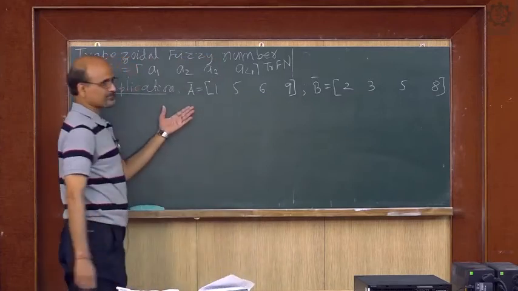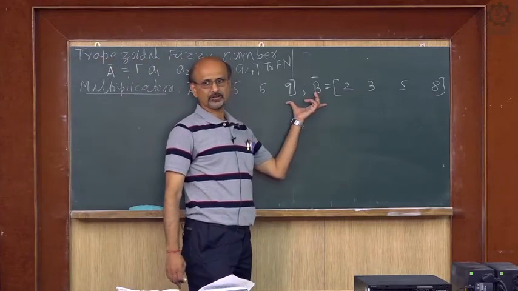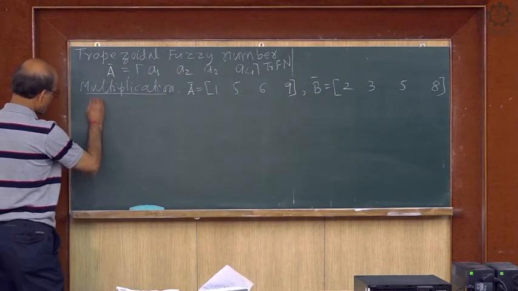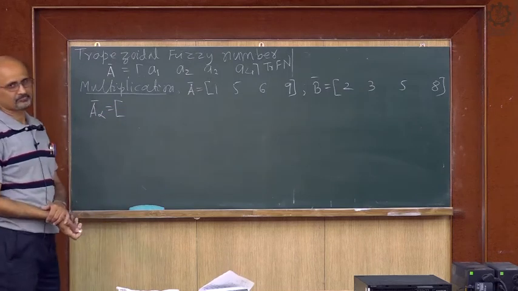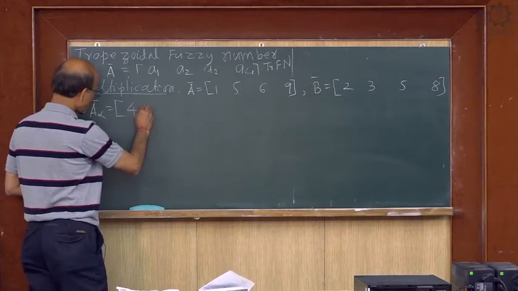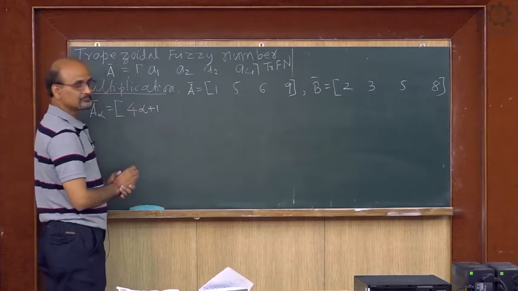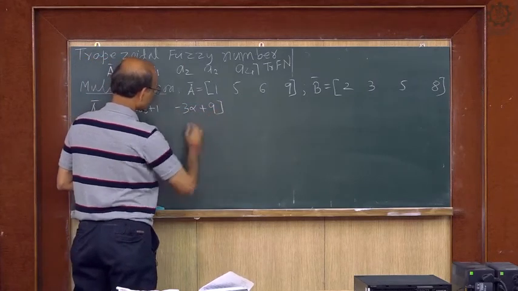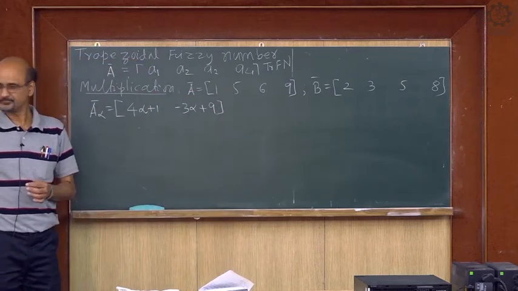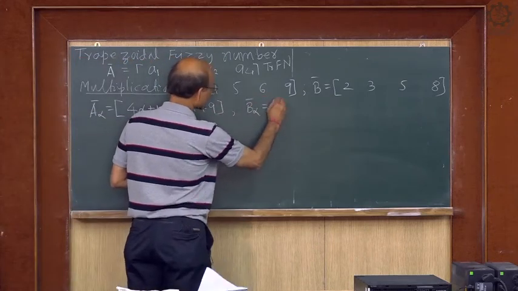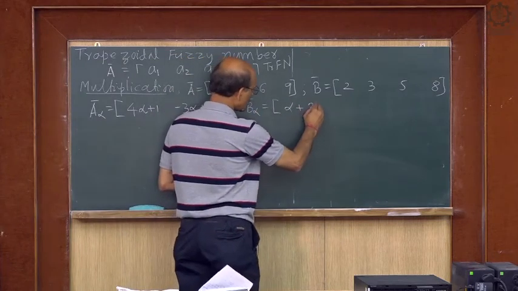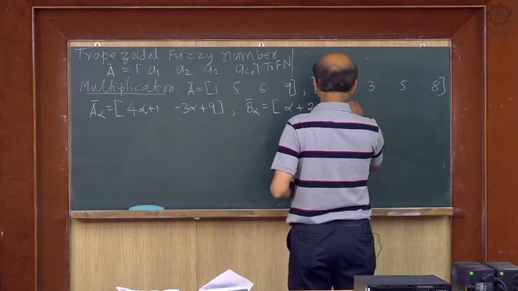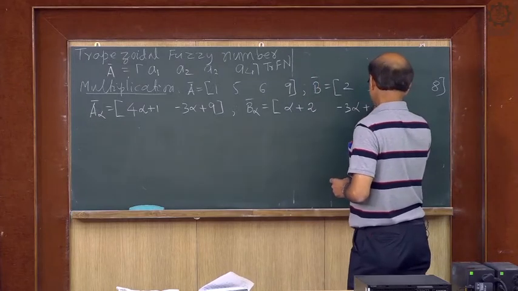I want to multiply these two TRFNs, A bar and B bar. So, I can write first A alpha bar. What will be that? 4 alpha plus 1, then minus 3 alpha plus 9. B alpha bar will be alpha plus 2 and this side minus 3 alpha plus 8.